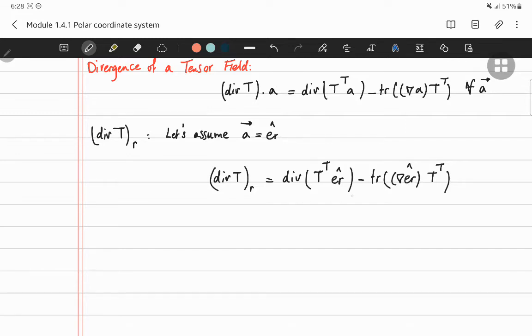And we find different components of this expression and the next term, and we subtract them and finally find the divergence of t in the r component, in the direction of r. And then we do the same for theta, and we find the divergence of t in theta direction.